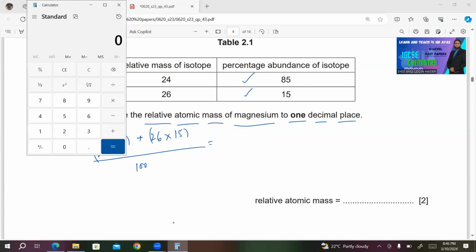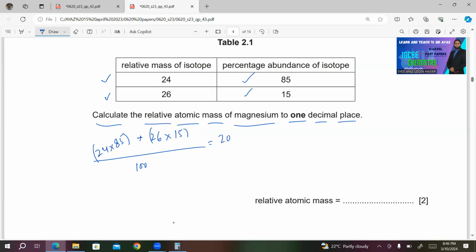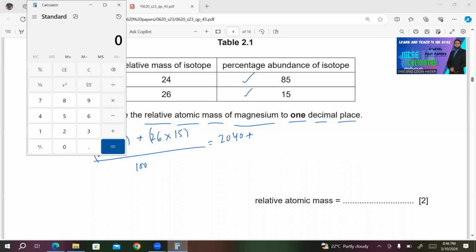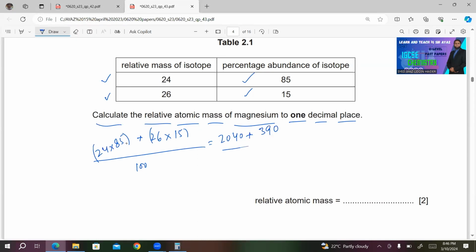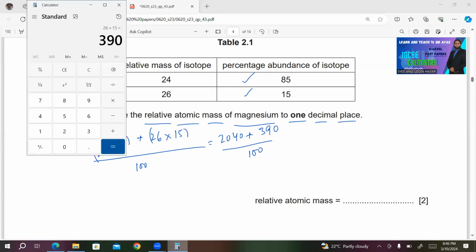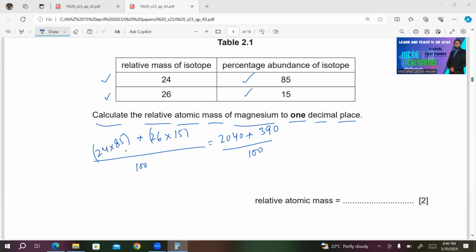So 24 multiplied by 85 gives 2040, plus 26 multiplied by 15 gives 390, divided by 100. So 2040 plus 390 divided by 100. The answer is 24.3.